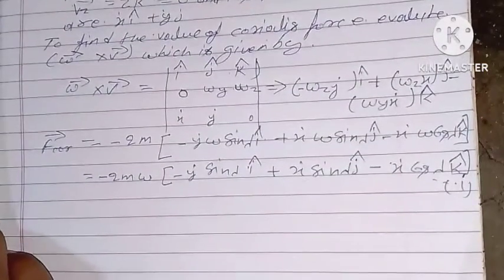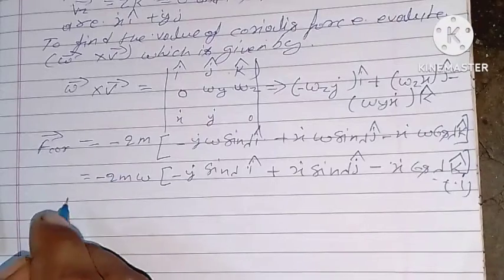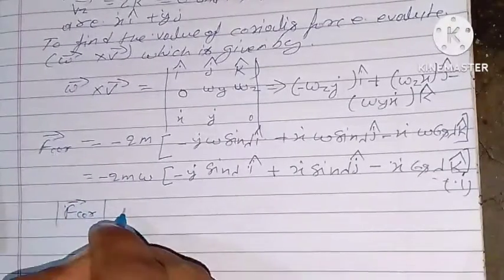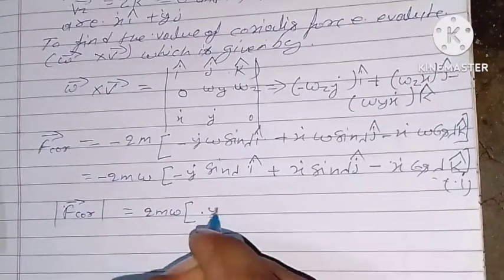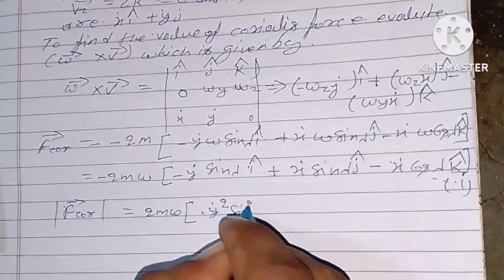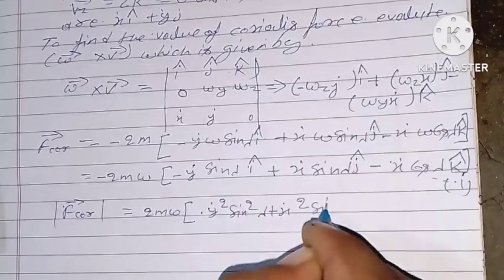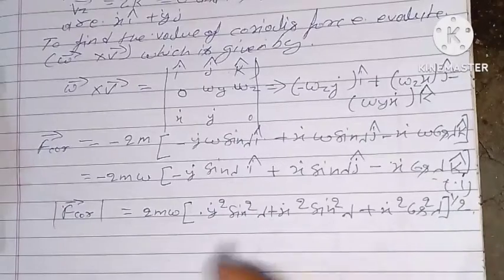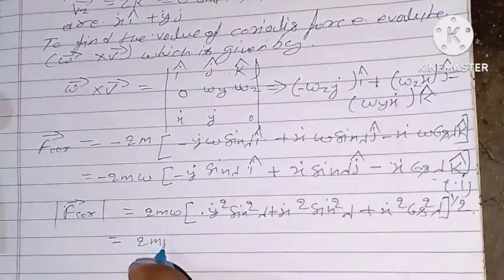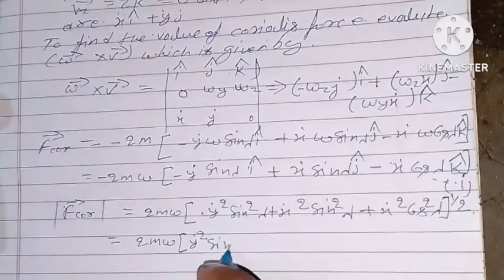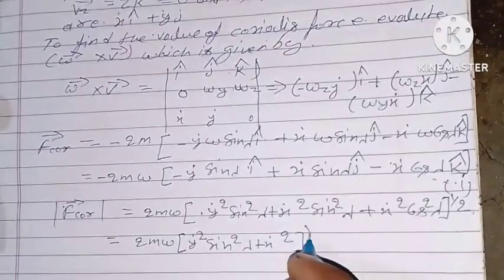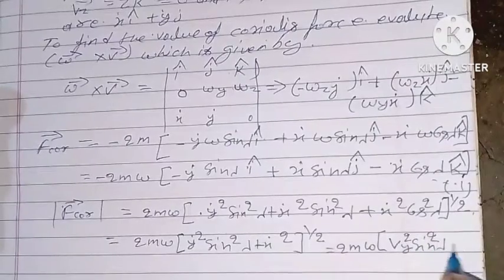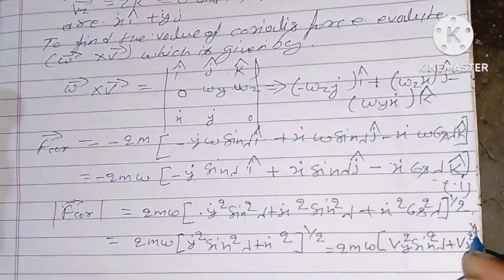The magnitude of Coriolis force is given by mod of F Coriolis equal to 2m omega (y dot squared sin squared lambda plus x dot squared sin squared lambda plus x dot squared cos squared lambda) to the power 1 upon 2, which equals 2m omega (y dot squared sin squared lambda plus x dot squared) to the power 1 by 2, equal to 2m omega (vy squared sin squared lambda plus vx squared) to the power 1 upon 2.